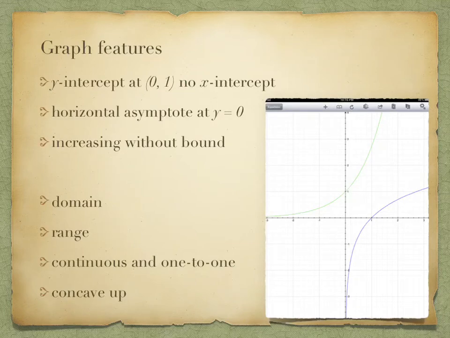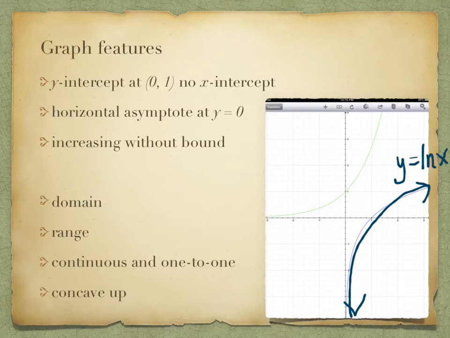So you've seen half of this graph before. You've seen the lower half down here. This lower half of the graph right here was the graph of ln x. Do you recognize it? And we talked in the last section about graphing inverses.